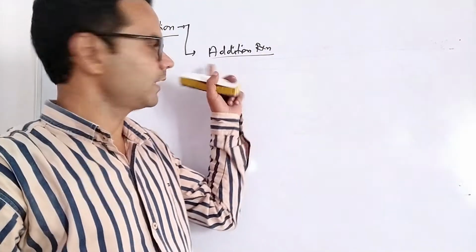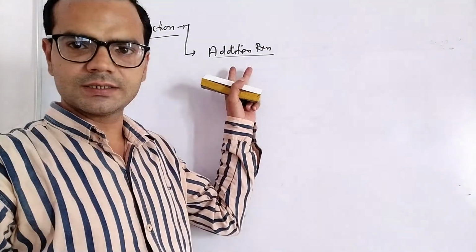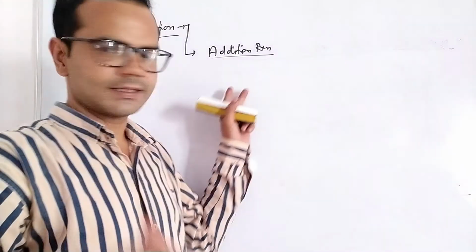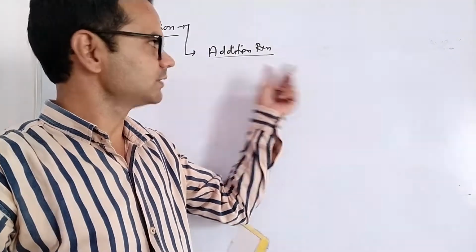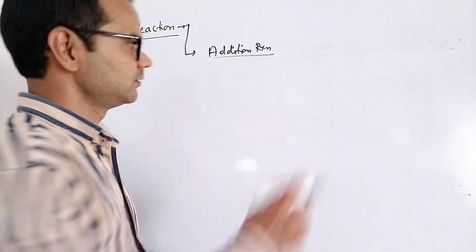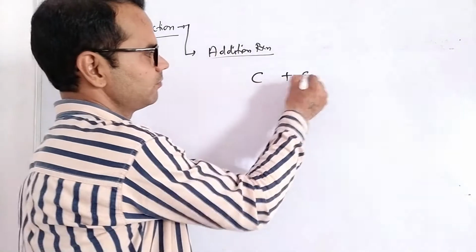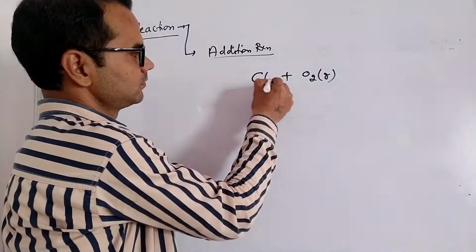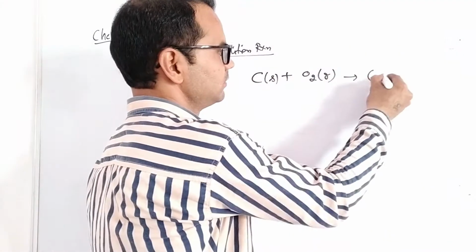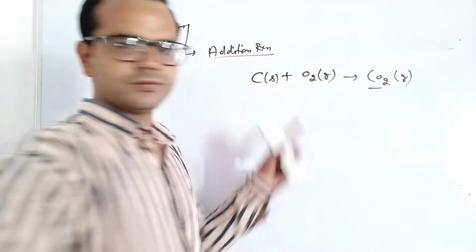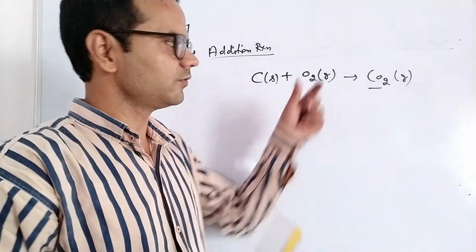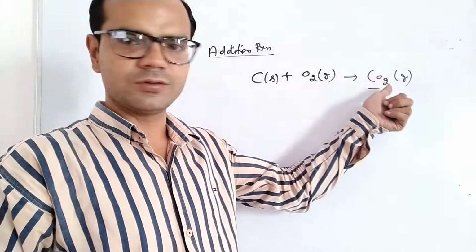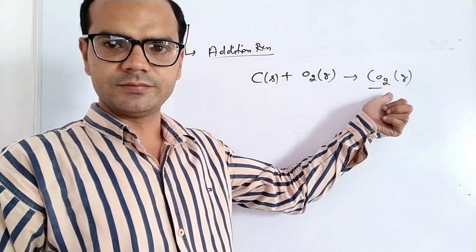Now next we have types of reactions. First is addition reaction. As the name indicates, when two or more reactants combine together to form a new product, that type of reaction is called an addition reaction. For example, carbon plus oxygen to give CO2. We can see carbon and oxygen combine together to form a new substance, that is CO2 in gas form.